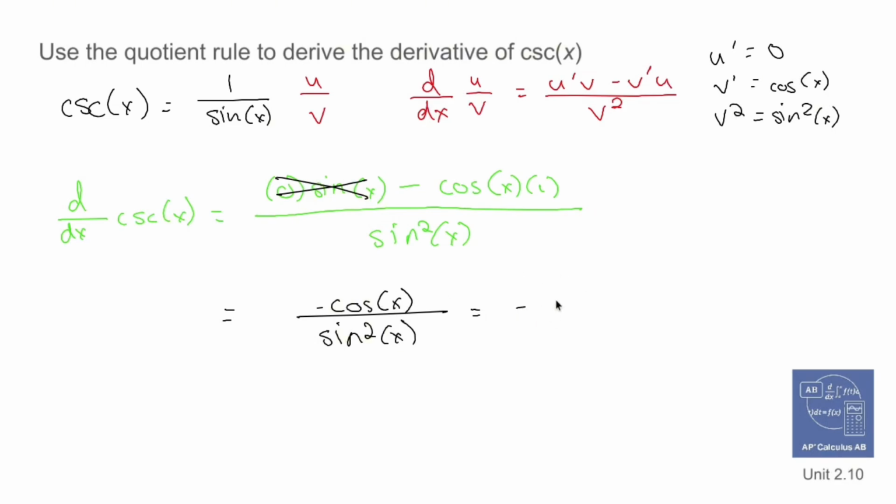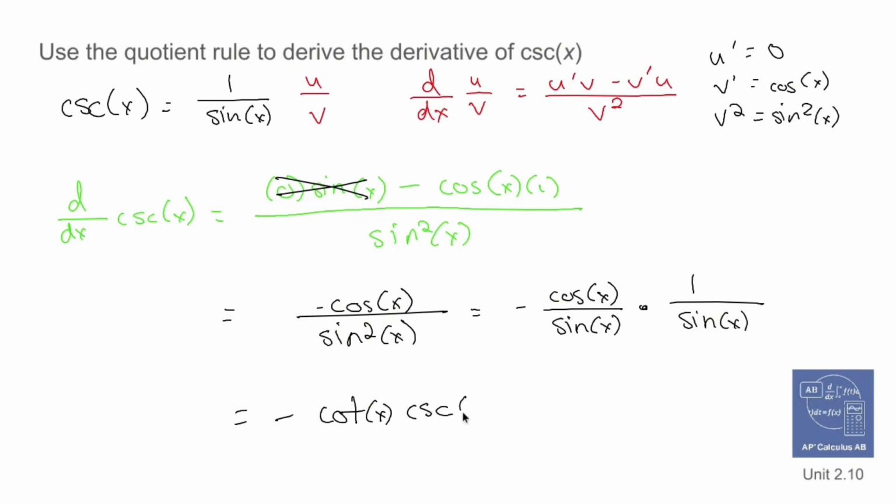All right, I have negative cosine x over one of these sine x's, and I'm going to multiply that by 1 over the other sine x. Okay, we know that negative is negative. Cosine x over sine x is cotangent x, and 1 over sine x is cosecant x. And there's nothing more I can do with that, so I'm done.